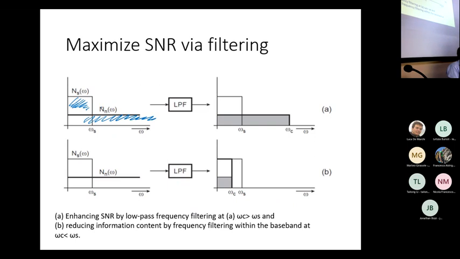It is pointless to feed the whole bandwidth to the A to D converter, because we would just be passing noise to it.